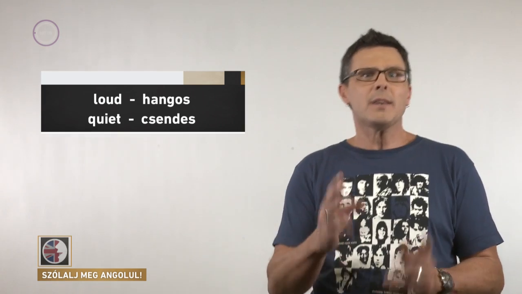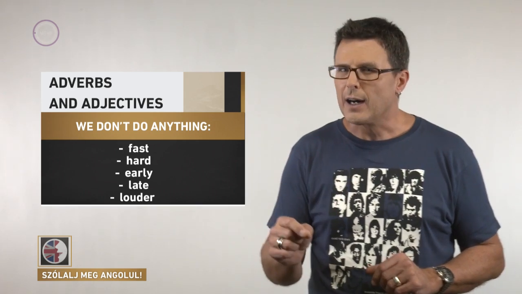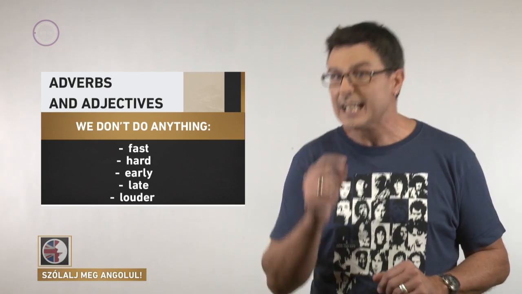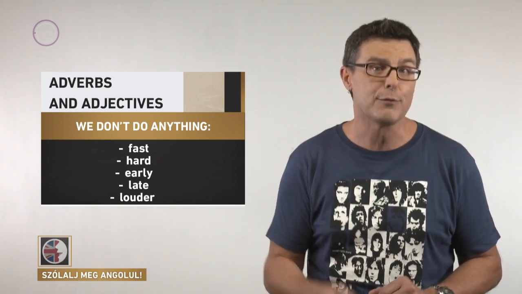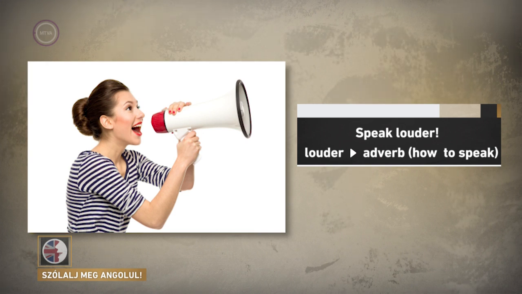Now, think back to the beginning of the lesson. Think back to louder. Louder, as we know, is the comparative form of the adjective loud. The opposite of loud is quiet, and the opposite of louder is quieter. Okay, but just like hard, fast, early and late, louder can be used as an adverb too. So when I asked you to speak louder, I was talking about the way that you speak.